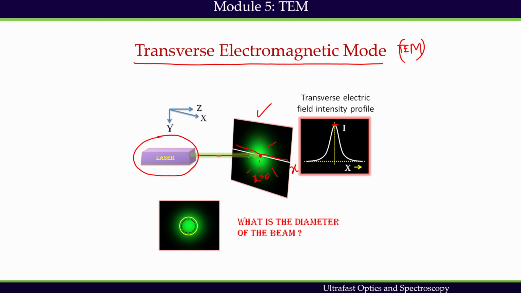Now, if this kind of spatial intensity profile can be expressed by a Gaussian function, the beam is called a Gaussian beam.